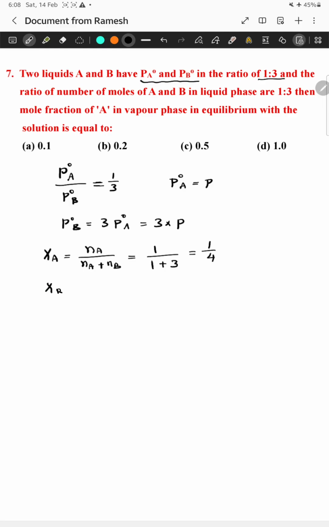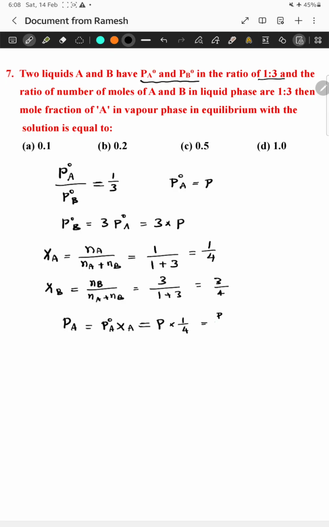Similarly, you calculate the mole fraction for component B. The formula is Nb by the total number of moles, Na plus Nb. So that will be 3 by 1 plus 3, that is 3/4. Now the partial vapor pressure of A, that is Pa, is given by the formula P naught A into chi A. P naught A we have assumed as P, into chi A, which is 1/4.